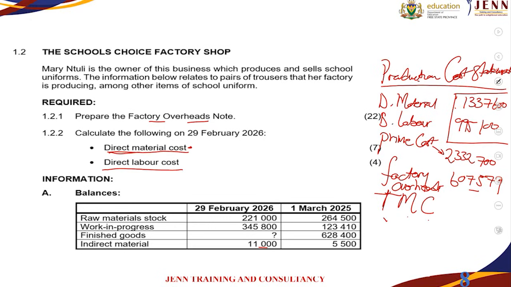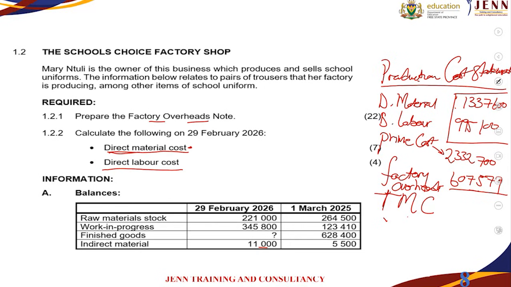So this simply means now for you to get the total manufacturing cost, you must now say your prime cost, which is going to be 233,2700 plus 607,579.